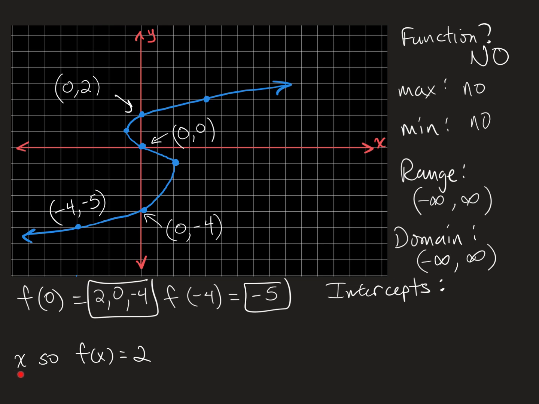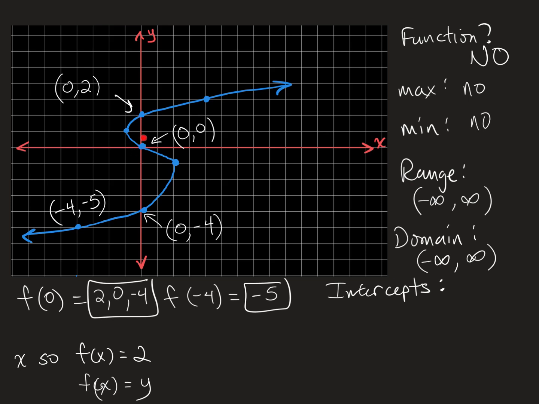Now the last one down here, you want to find an x so that f of x equals 2. Now from the last slide, this is f of x equals y. So this is a y value. Okay, so now we have to come along and find a y value of 2, like this point right here.